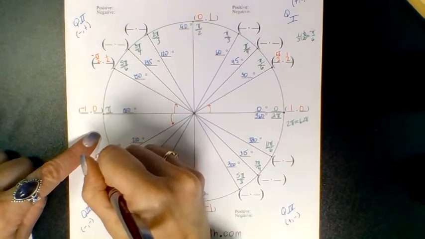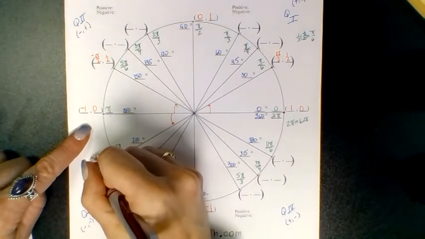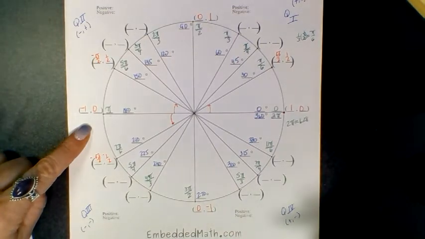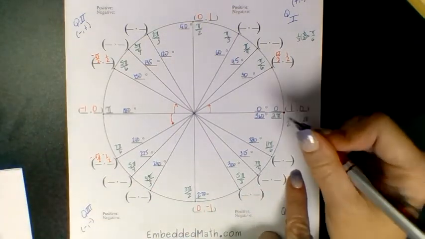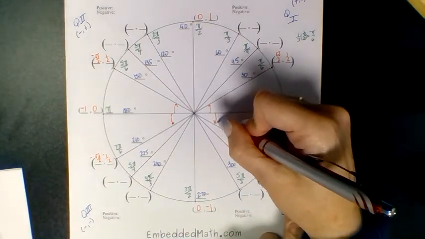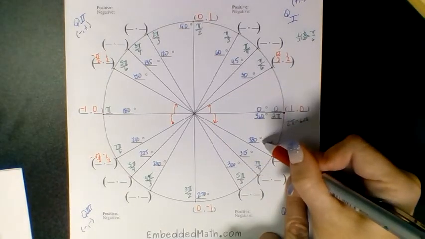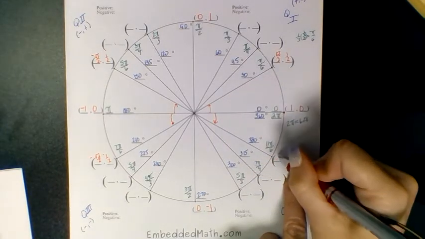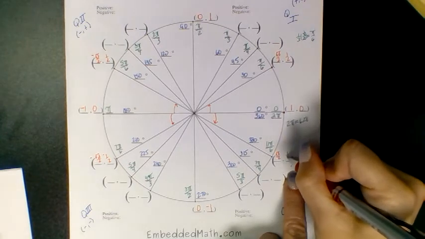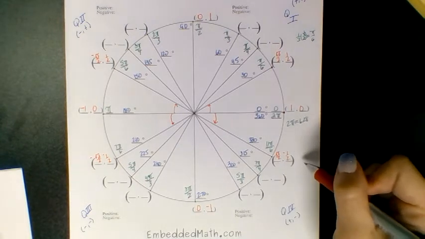Again, I have the same coordinate pair. This time both x and y values are negative. And I move to quadrant 4, and the reference angle of 30 degrees gets me to 330 degrees, or 11 pi sixths. Still the same coordinate pair. In quadrant 4, the y-coordinate is negative.